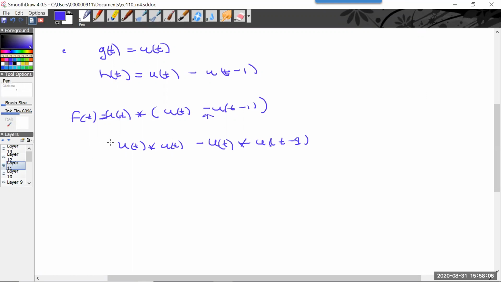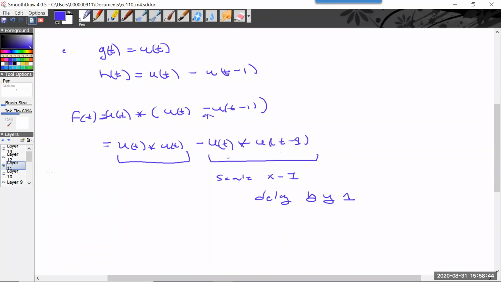Now, way back, I said find the simple convolution and then scale and delay. In this case, this is the simple one, because it's step convolved with step and there's no delay. Here, at the heart of it, it's still step convolved with step, except we're scaled by minus 1 and delayed by 1.